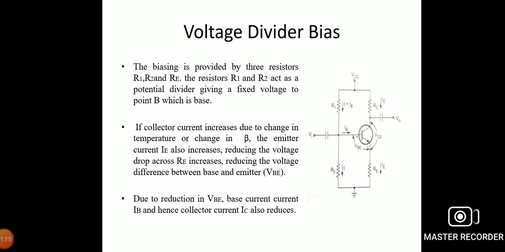Due to the reduction in base-emitter voltage, the base current IB, and hence the collector current IC, is also reduced.